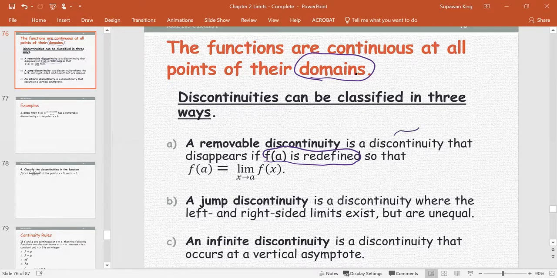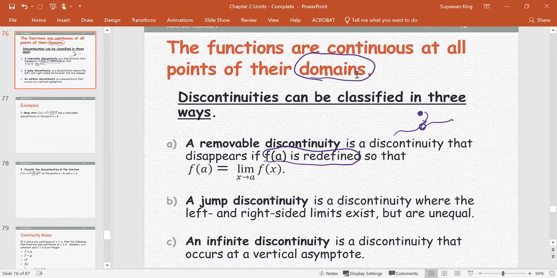For example, you have the limit approaching a certain number, but the function value is defined at a different value. So we can redefine the function at the point a to be the same as the limit value. Therefore, the hole is filled and the function becomes continuous.